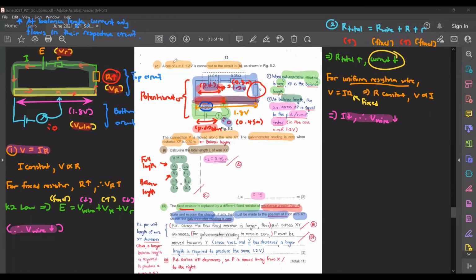From the previous part of the question, we already know that the uniform resistance wire has a total PD of 1.8 volts, and the full length of the wire was 0.45 meter. Now from here, we can work something out.